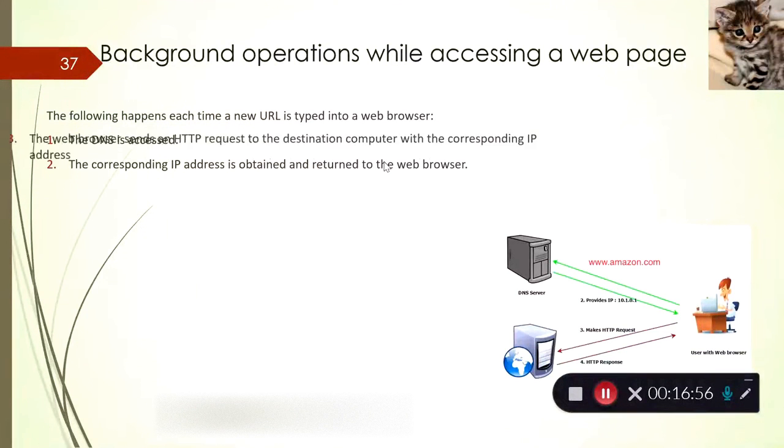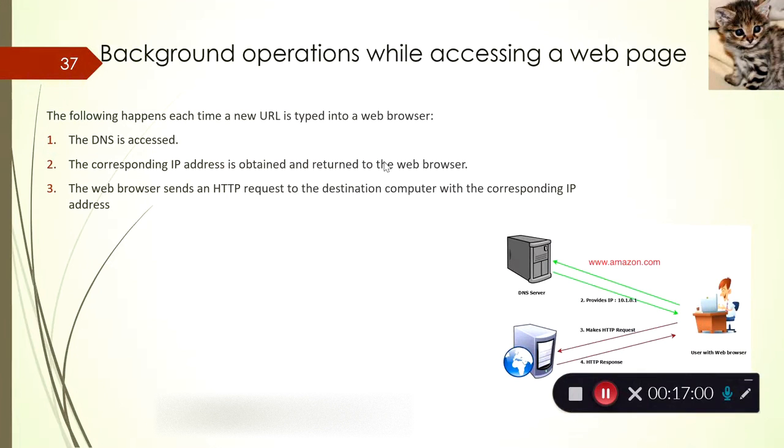Then by using that IP address, the browser will locate the server. The IP address corresponds to a server, so it will locate a server. That server holds that particular website or whatever page we want to reach. That particular server holds the actual file.